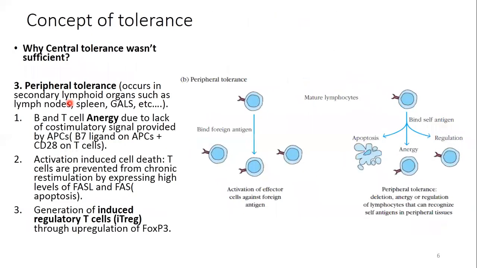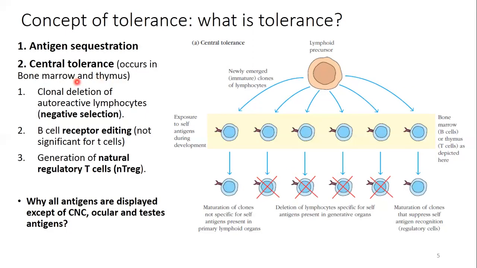So what about antigen sequestration? Basically, there are some organs or some antigens in our body which form very delicate organs, for example the central nervous system, testes, and ocular tissue.